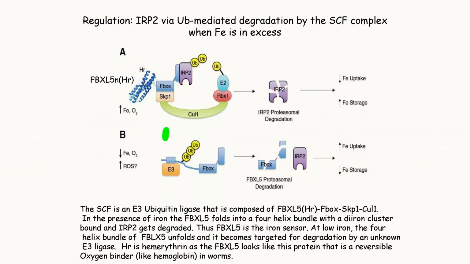Under conditions of very low iron, this becomes unfolded, and then this part of the protein gets targeted for degradation by another E3 ligase, not this one, and then you've lost your sensor. So the IRP2 remains stable.